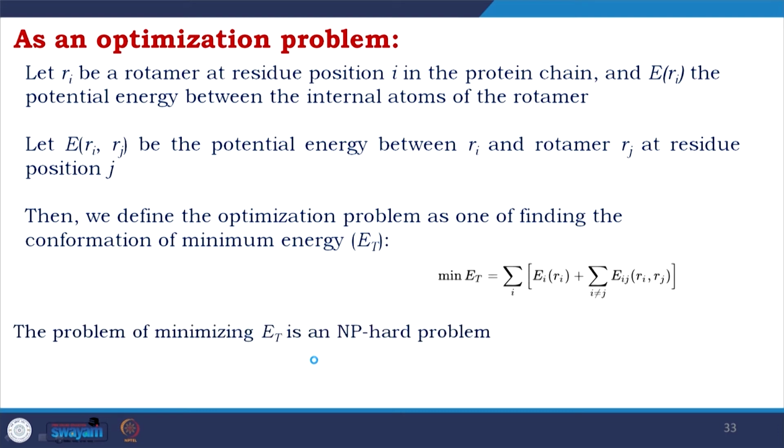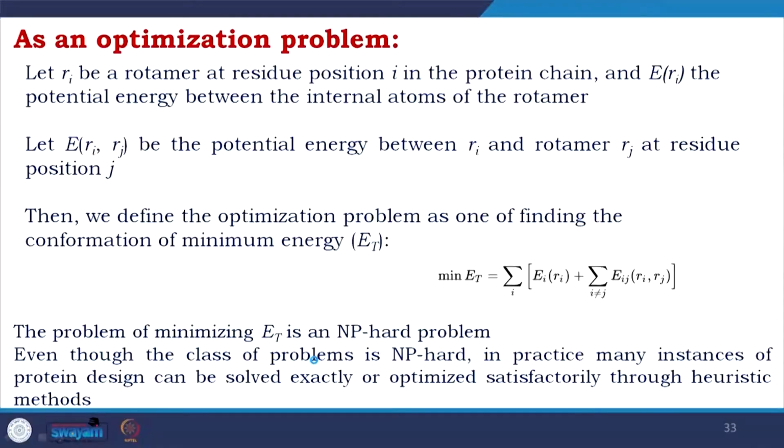This minimization is considered an NP-hard problem. NP-hard is a class of problems considered computationally very hard. But even though the class of problem is NP-hard, in practice many instances of protein design can be solved exactly or optimized satisfactorily through heuristic methods.